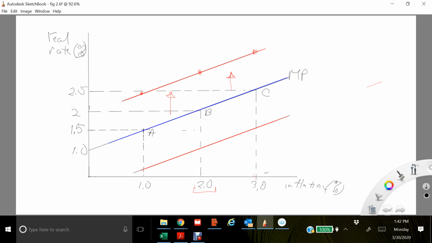So here I'm looking at page 503, and we're going to show how the monetary policy curve can shift.